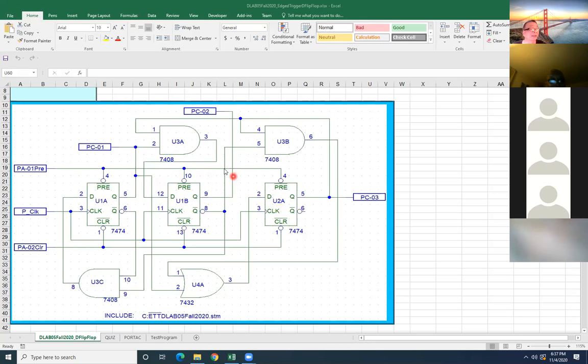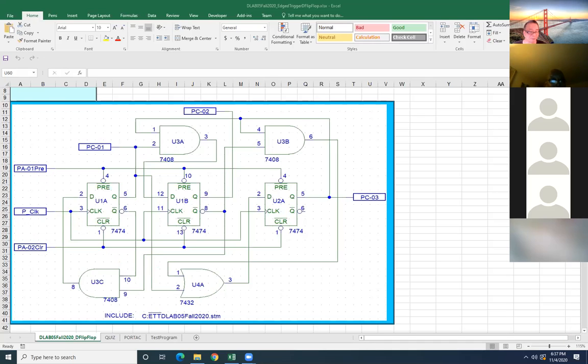And you get an AND gate U3 and an OR gate U4. Basically you get only 3 inputs: preset, clear, and clock.